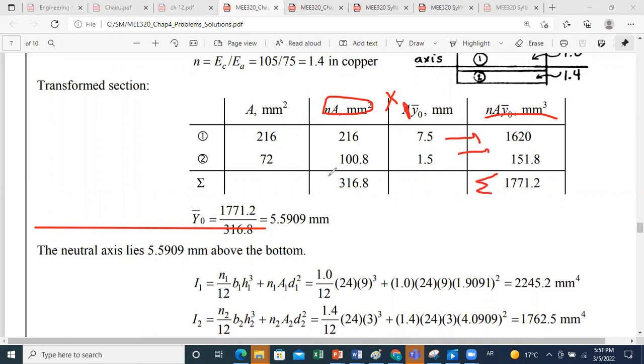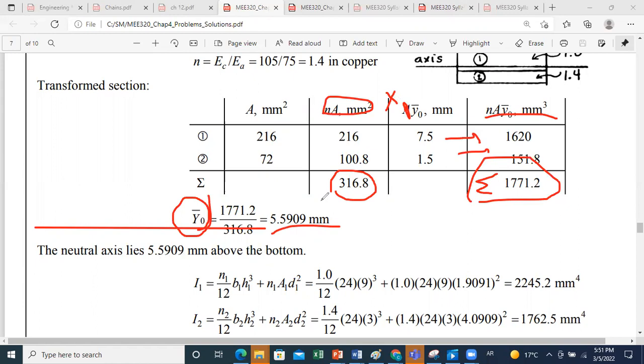In this way, to find the position of the centroid of the modified section, we divide this term by this term, okay? And this will give us the position of the neutral axis. So we deduce that the neutral axis is 5.59 millimeter above the bottom line.